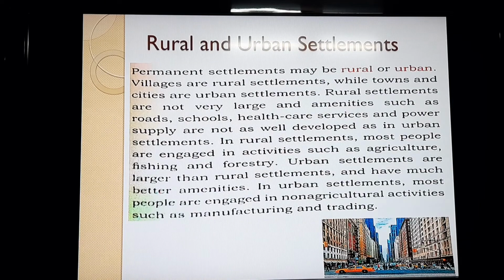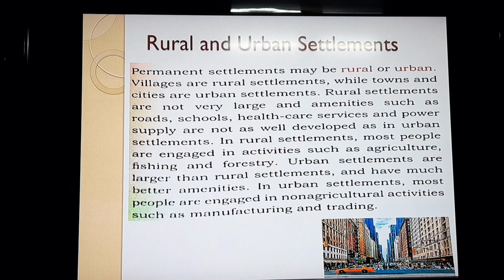In rural settlements, most people are engaged in activities such as agriculture, fishing and forestry. Urban settlements are larger than the rural settlements and have much better amenities. In urban settlements, most people are engaged in non-agricultural activities such as manufacturing and trading.